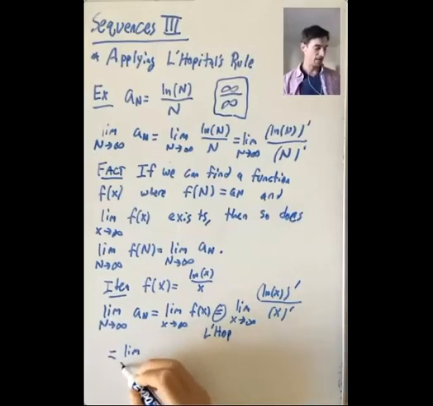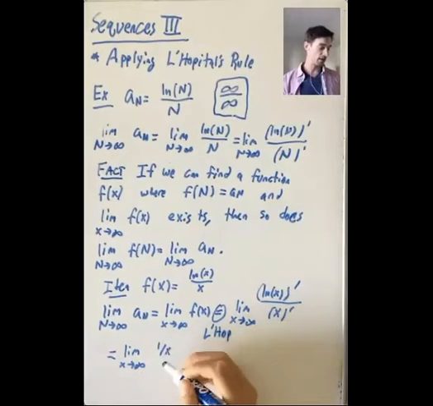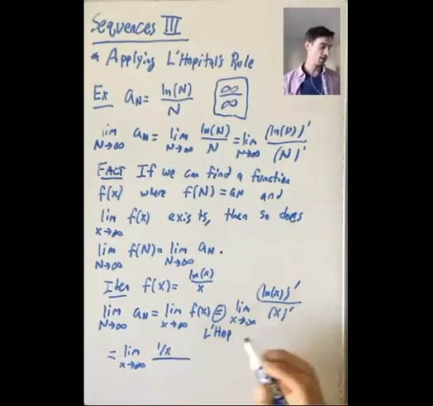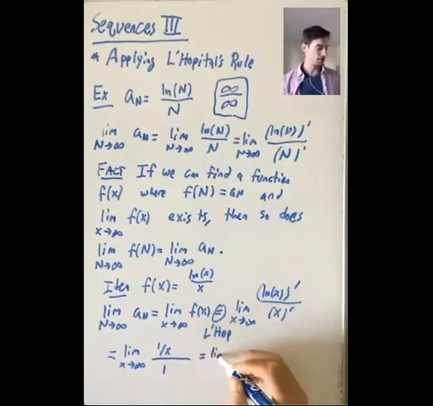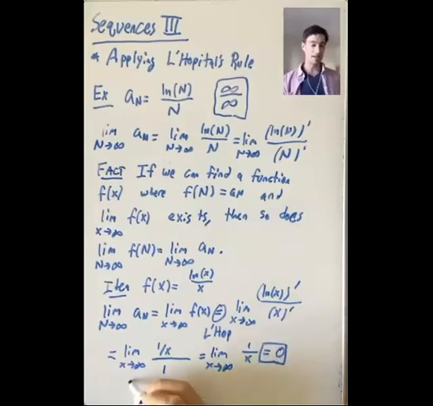That's the limit as x goes to infinity of 1 over x, the derivative of natural log of x, divided by 1, the derivative of x. So this is just the limit as x goes to infinity of 1 over x, which is 0. So this sequence converges.